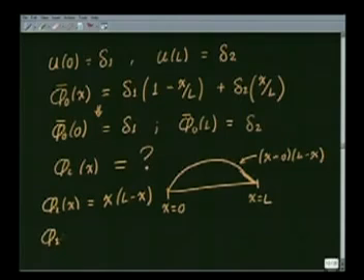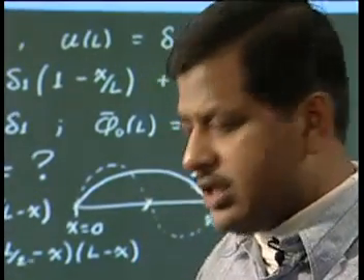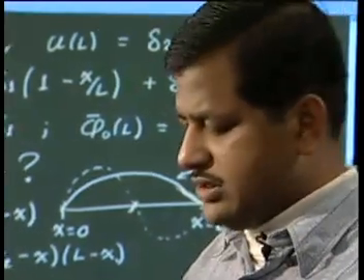Similarly, phi 2 of x will now be a cubic, so it could be a function going like this. I am just choosing things according to my wish: L by 2 minus x into L minus x. What I want this function to do is vanish at the point x equal to 0, at x equal to L by 2, and at x equal to L. So I get a cubic expression, x into L by 2 minus x into L minus x, and so on.